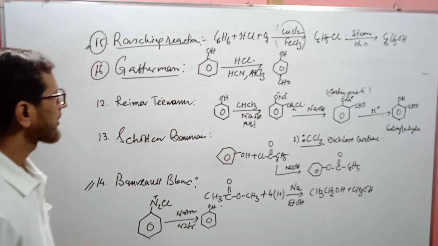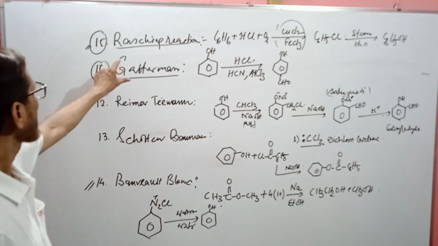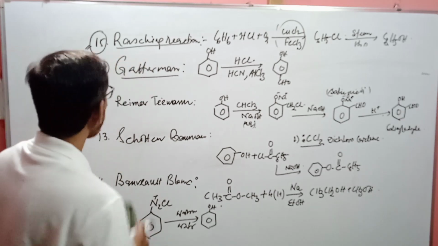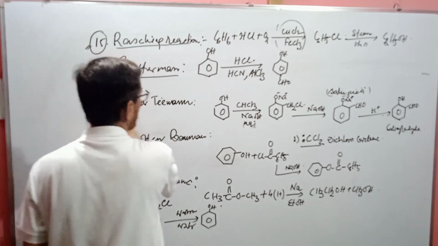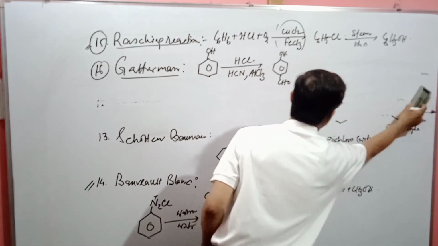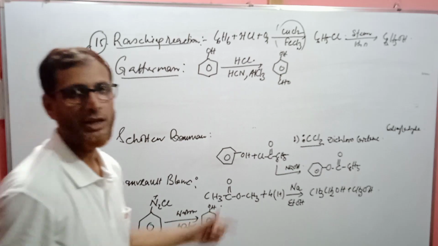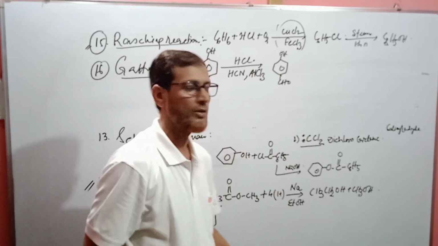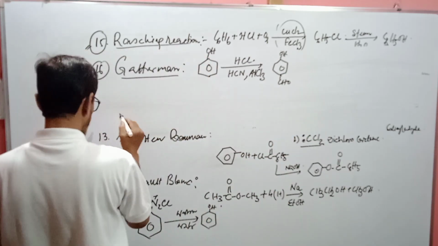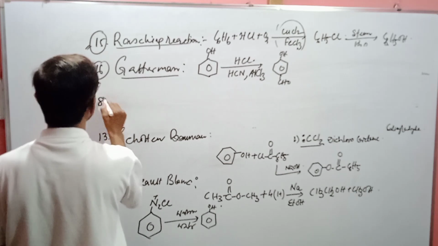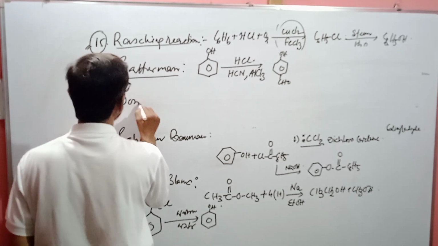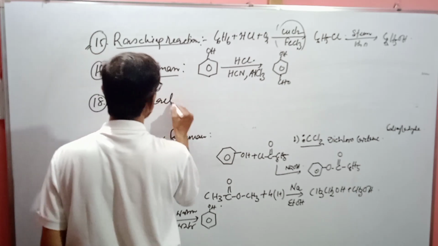Now let me explain some of the facts. Another and last reaction: very often you get phenoxide ion, and when treated with acid, we can get phenol. I am showing you one name reaction, the Dow reaction.